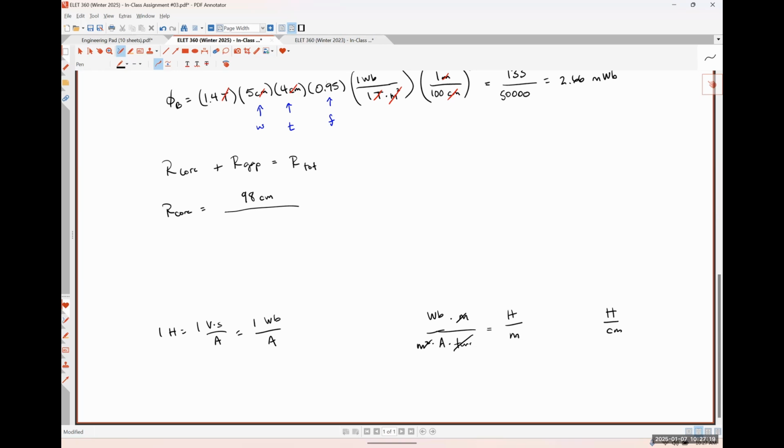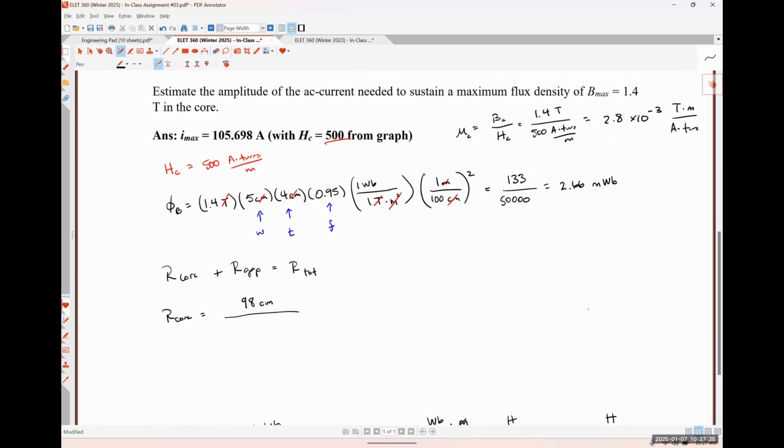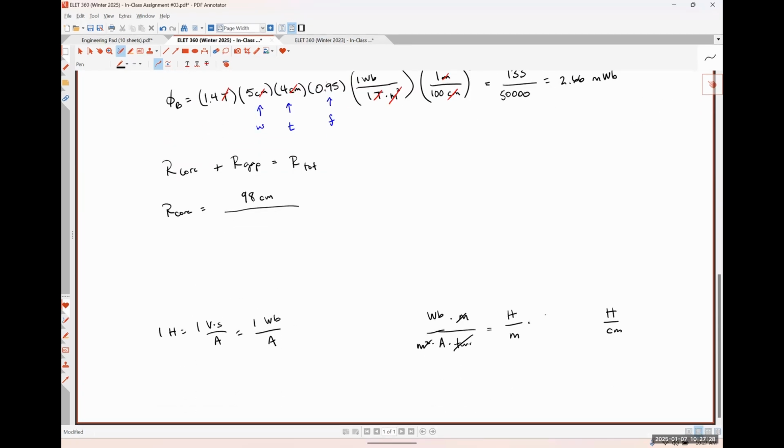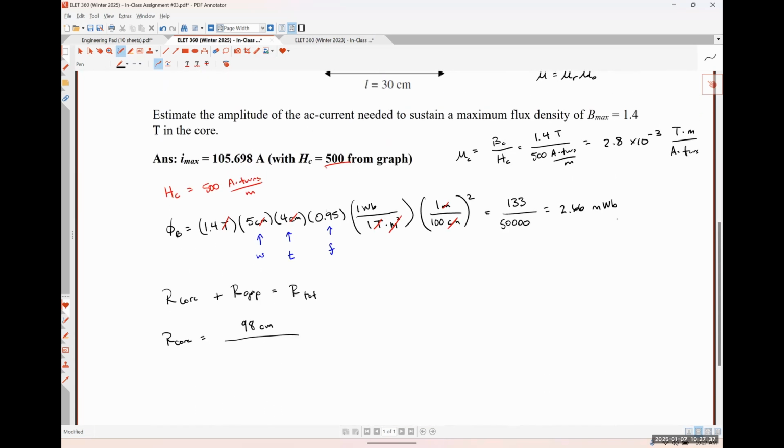So what do I need to do to get it into Henry's per centimeter? Right. So this would just be whatever this thing is, divided by 100 centimeters per meter would give me Henry's per centimeter. So if we had 2.8 times 10 to the minus 3 Henry's per meter, then this is going to come out to 2.8 times 10 to the minus 5 Henry's per centimeter.